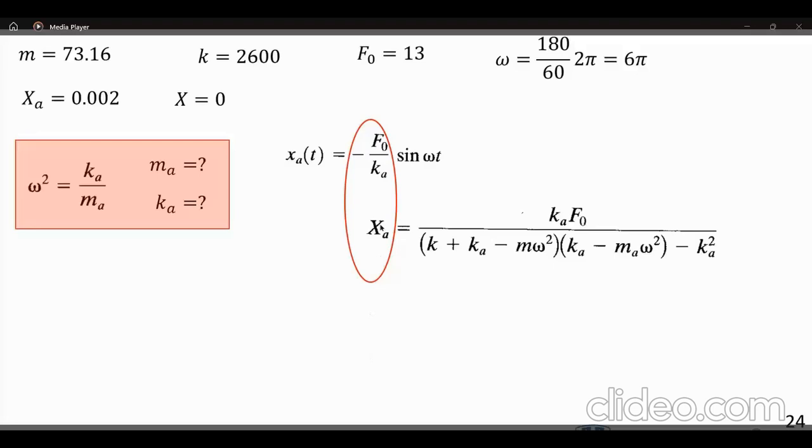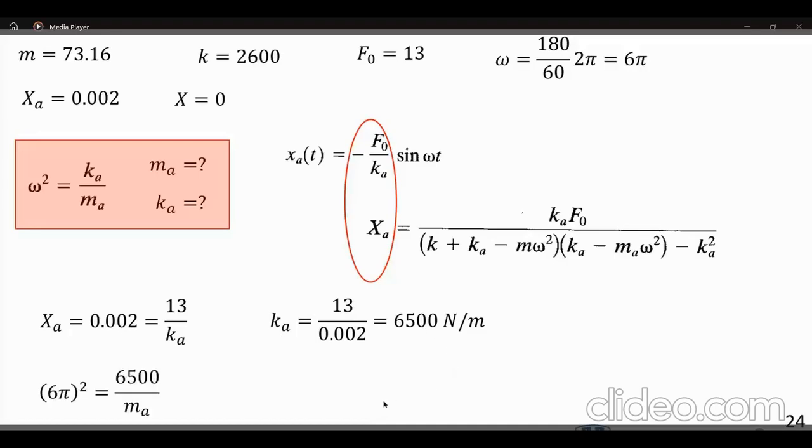That is what XA is, and we are told that XA is 0.002, so this is equal to 13 over Ka, and that will give us Ka equal to 6,500 Newton per meter. Now, if you go back to this equation right there, we found Ka, and we know omega is 6 pi. You plug it in, and you're going to get your absorber mass.